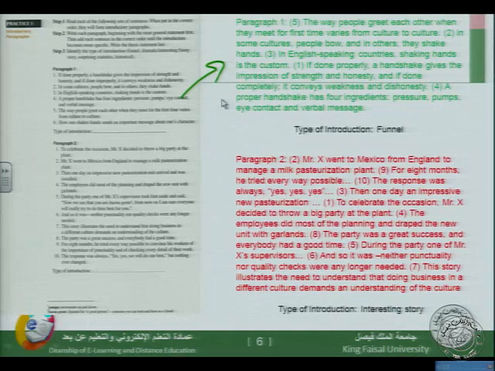So, as you can see, here is the general statement. Because in the introductory paragraph we say that there are 2 sections, 2 things: the general statement and the thesis statement. So here is the general statement, and then we have the thesis statement. It's right here.